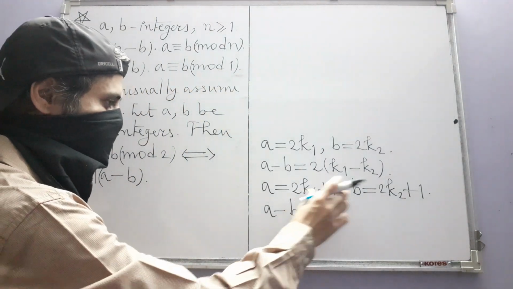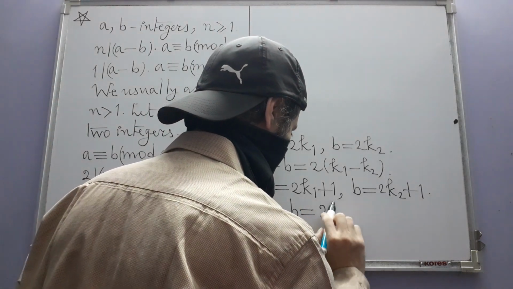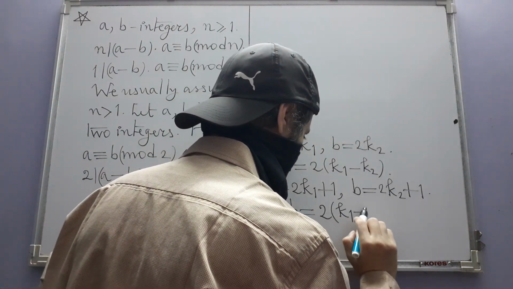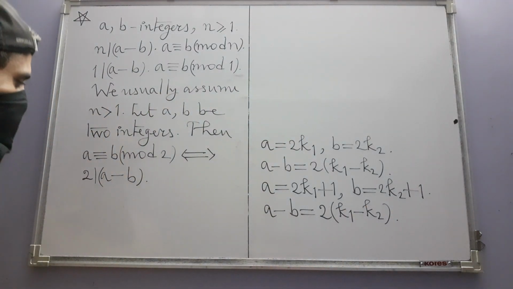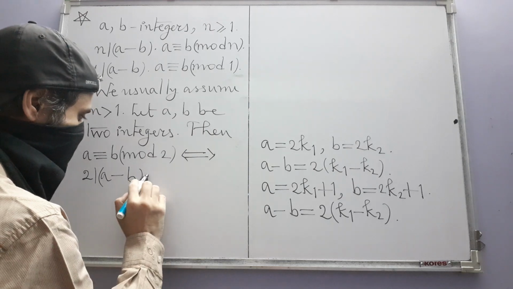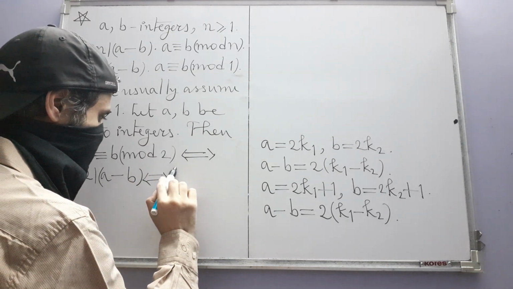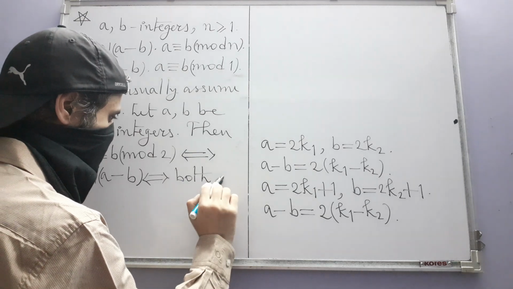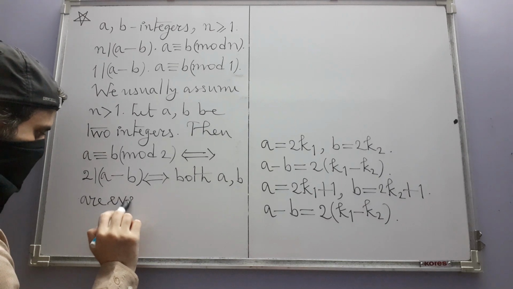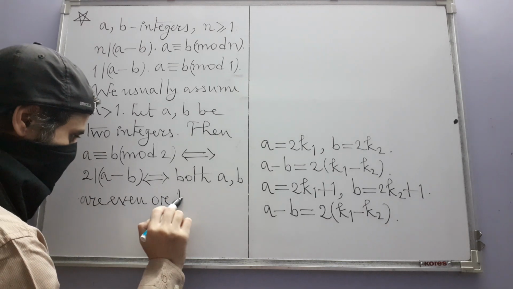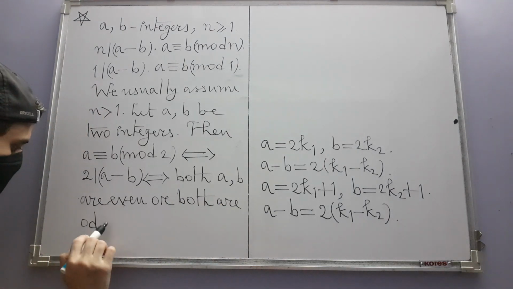If you calculate using these expressions, 1 and minus 1 cancel out, and you again get this. So again this is divisible by 2, and that is why you can write like this: a is congruent to b mod 2 if and only if both a and b are even or both are odd.